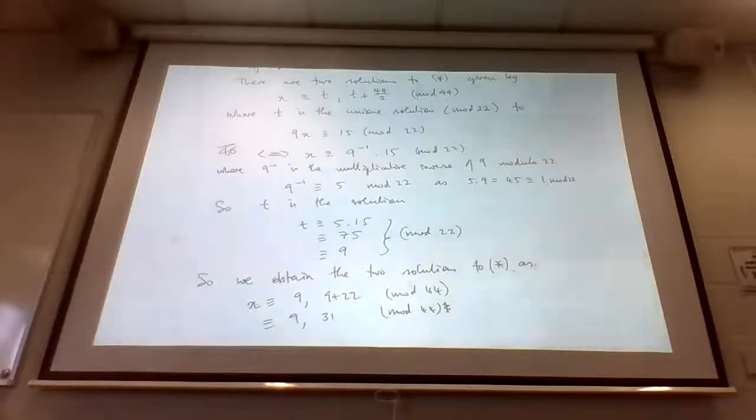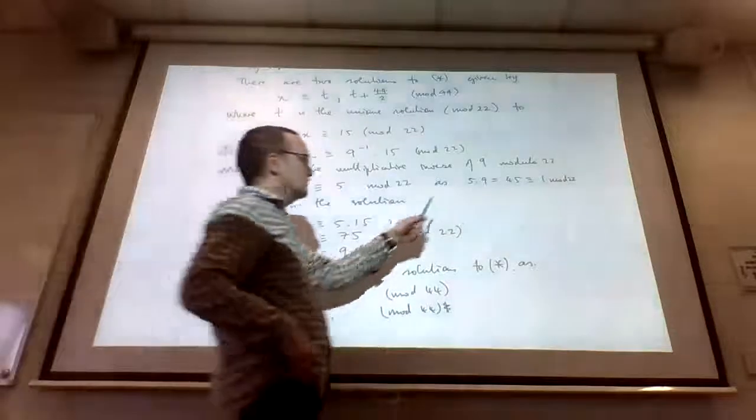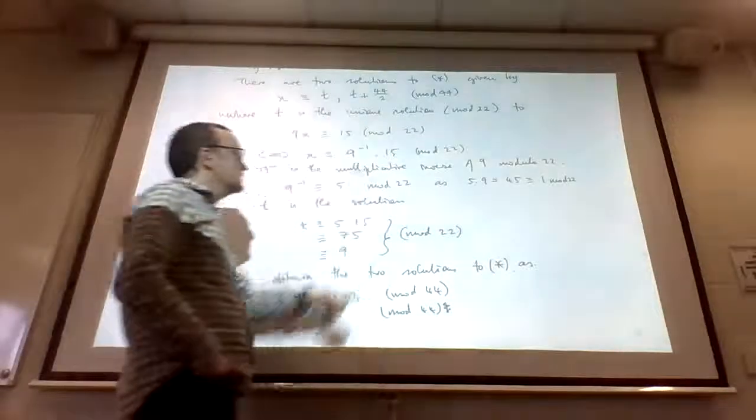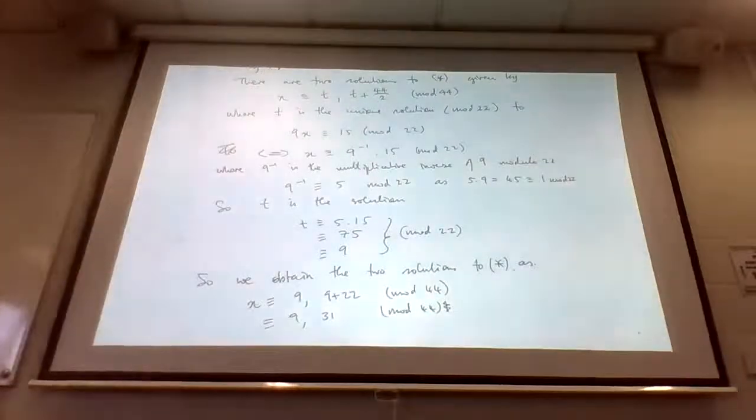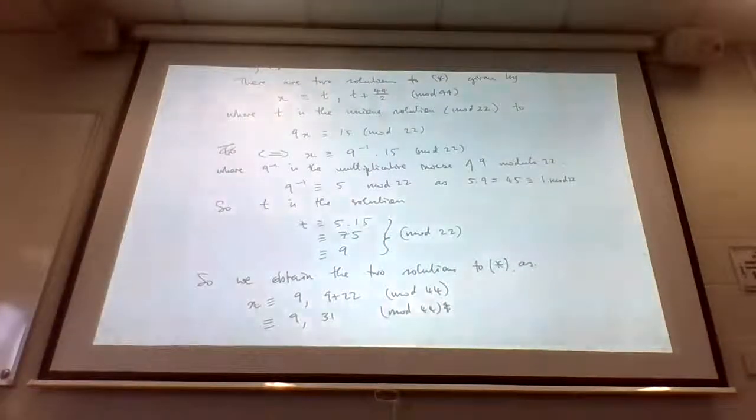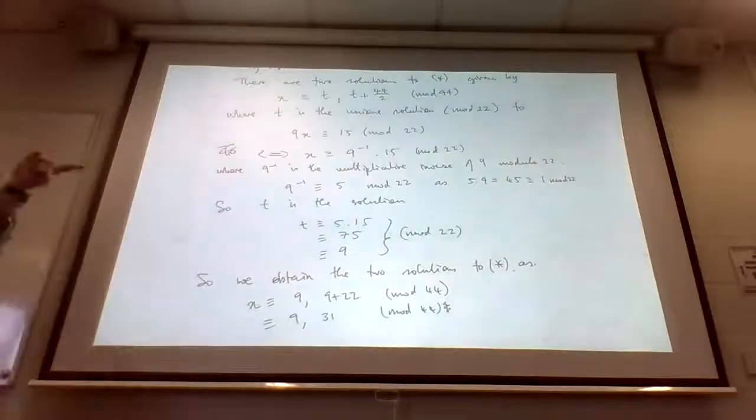Okay, but don't panic if you can't realize what it is in the exam, or if the numbers are big. Then we always have the option to run the Euclidean algorithm between 9 and 45, and get a linear combination of 9 and 45 equal to 1.